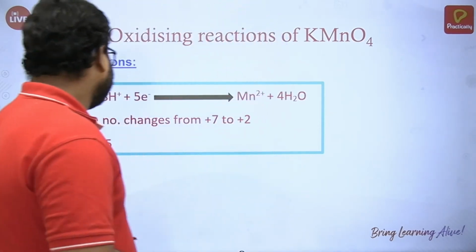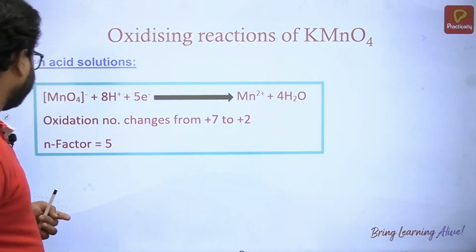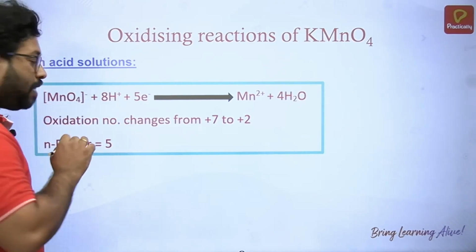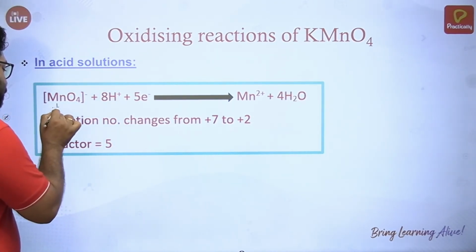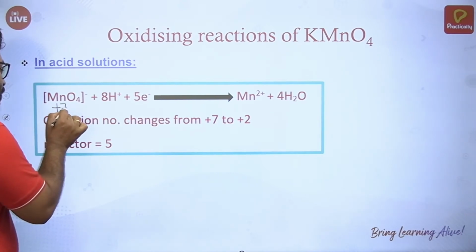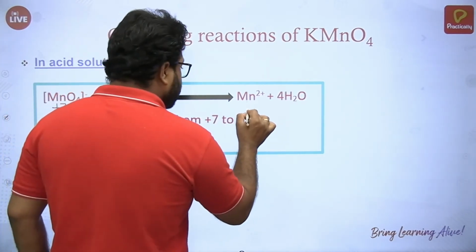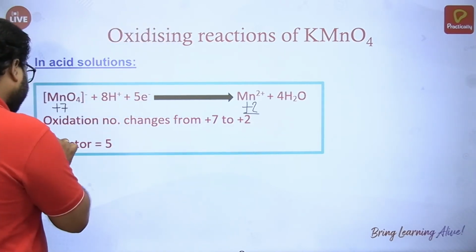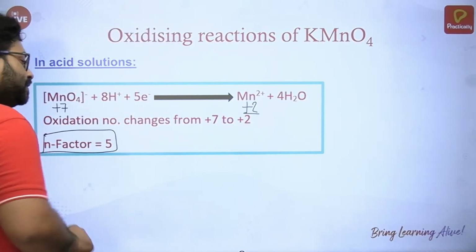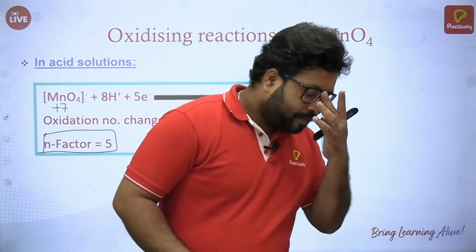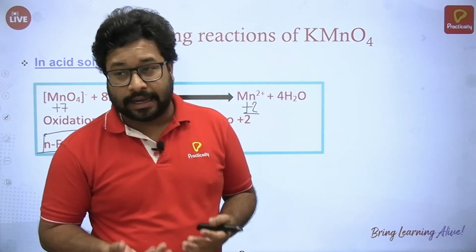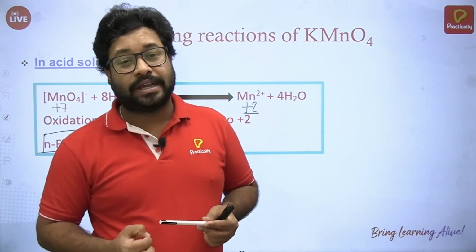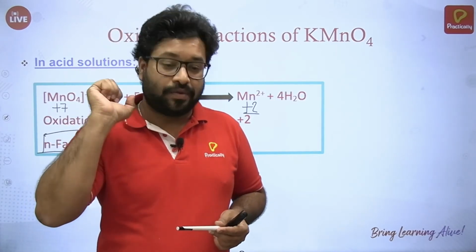Here manganese is in a +7 oxidation state. From there it goes to +2. So the change in oxidation state is 5, and the n factor is 5. So whatever compound you are oxidizing with the help of KMnO4, make sure its oxidation number increases by a factor of 5.